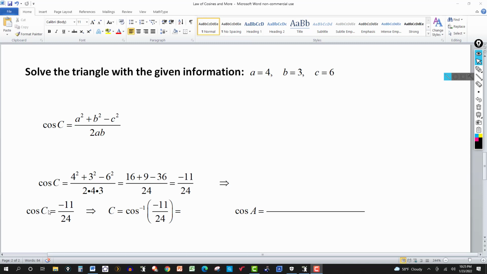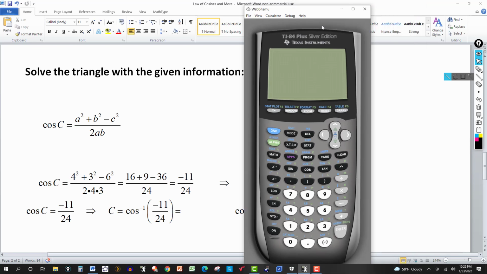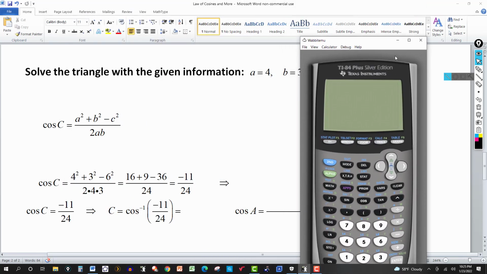So in this case, I have cosine of C equal to negative 11 over 24. If I take the cosine inverse of both sides, I get C should equal cosine inverse of negative 11 over 24. Let's use the calculator. Again, make sure that your calculator is in degree mode.